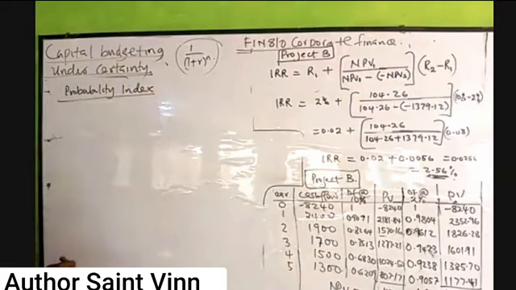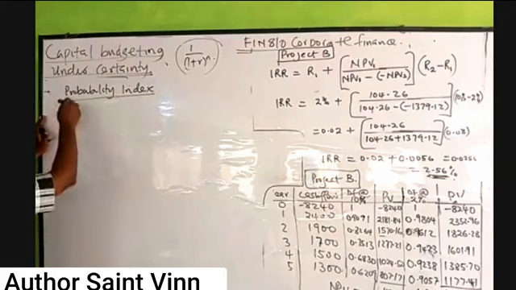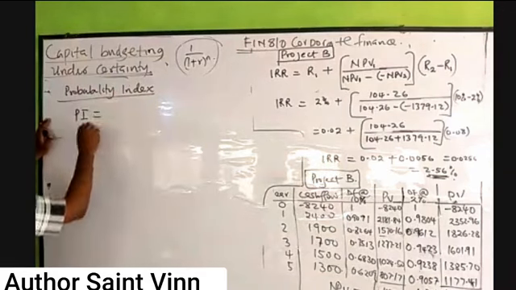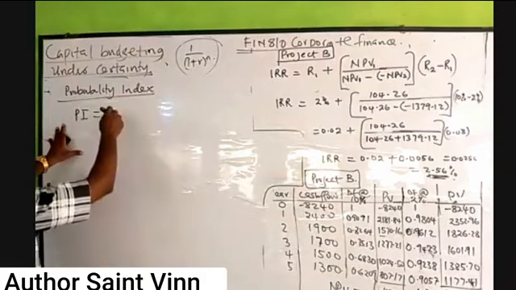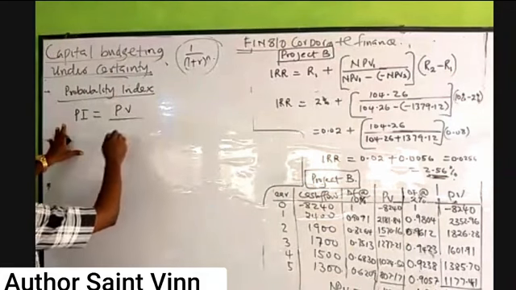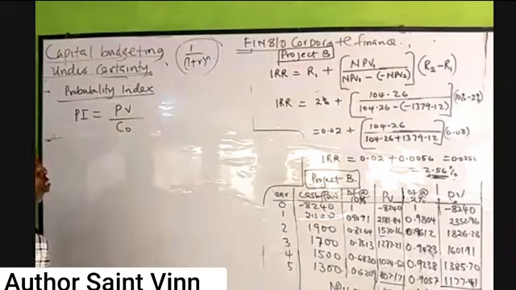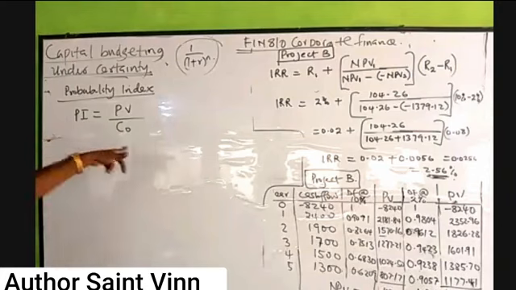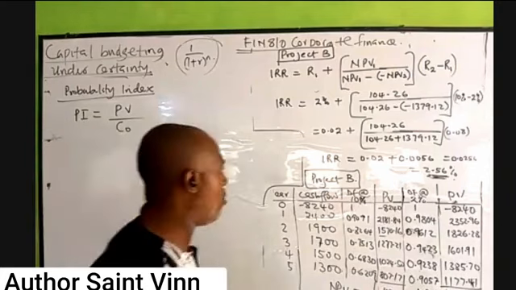Probability index, PI, should be present value over CO. You know CO? Cost at clear, or initial cost, and PV, present value. Look at the board.